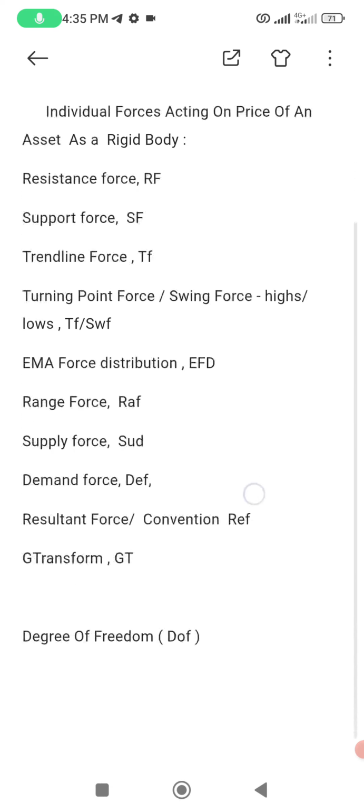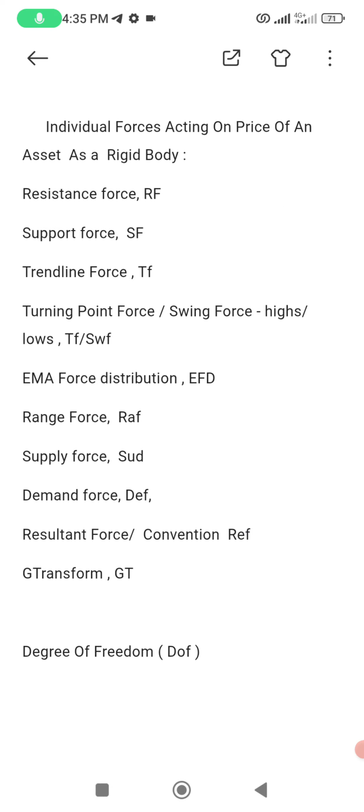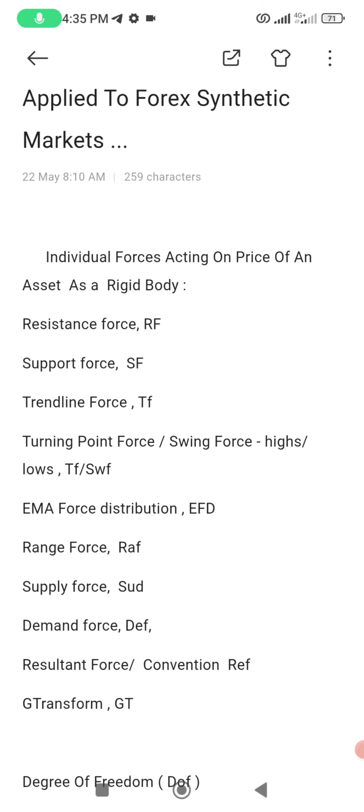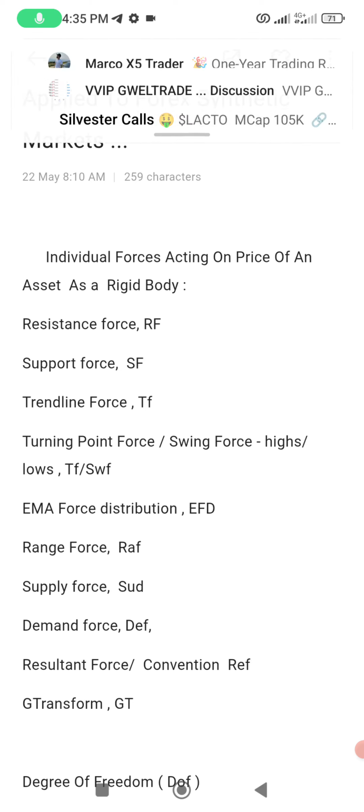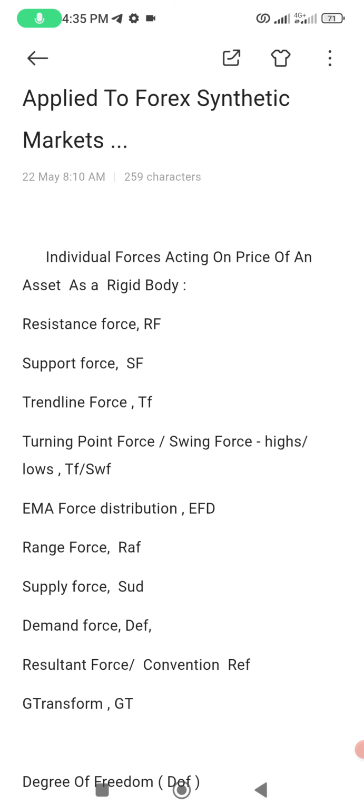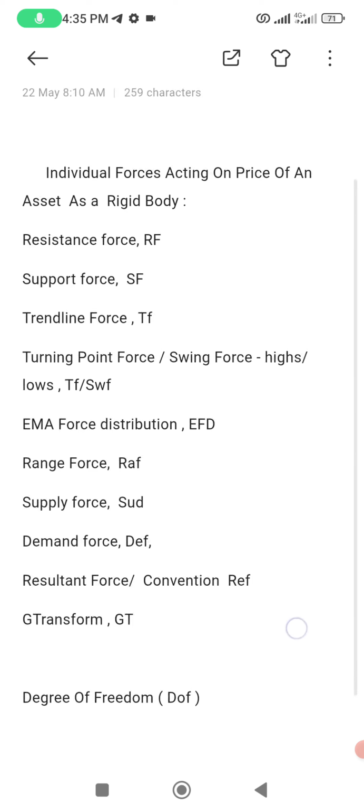So the topic is force theory, but it can apply to the synthetic market. This topic is more of an application of forces, because the market is characterized by forces of demand and supply. This differential between supply and demand actually creates massive price changes with momentum and energy content.